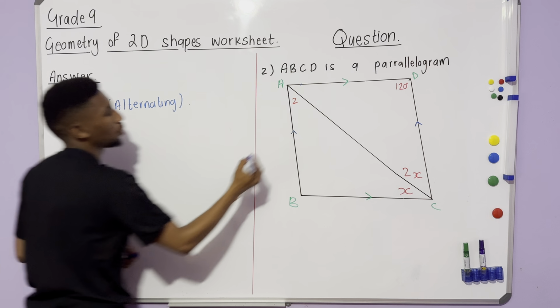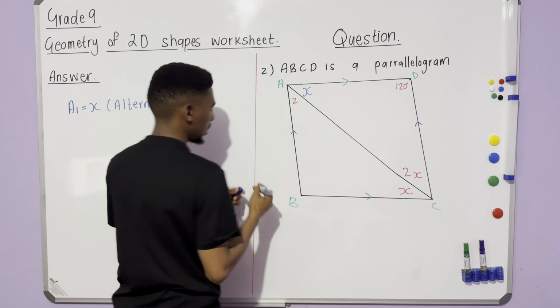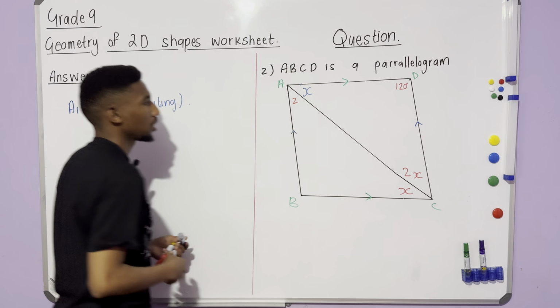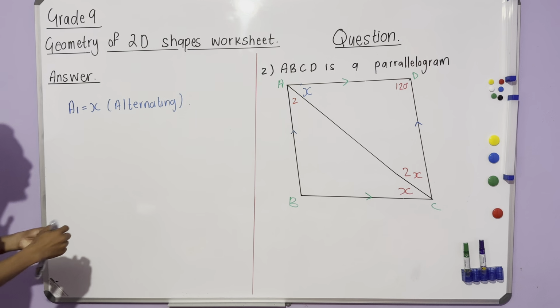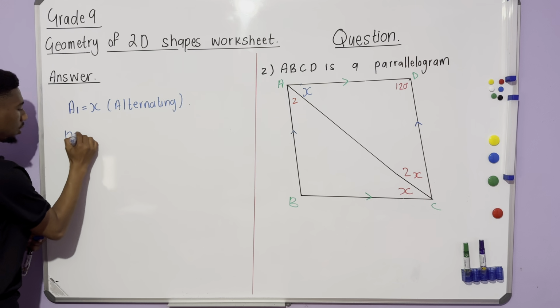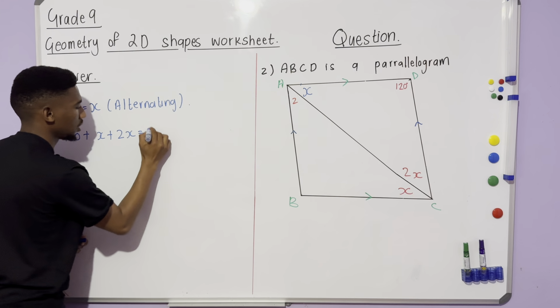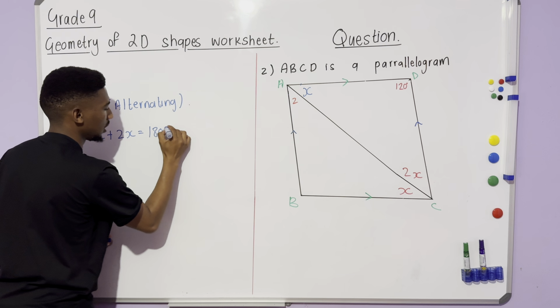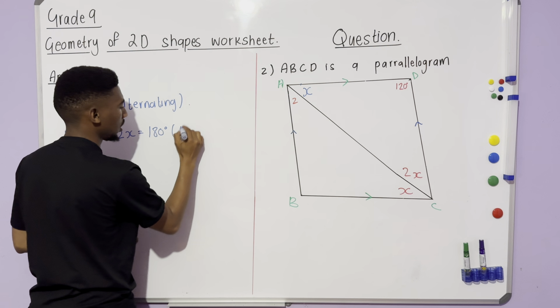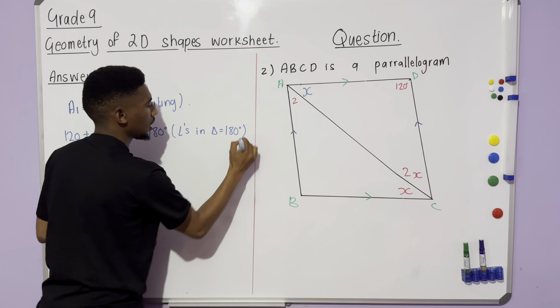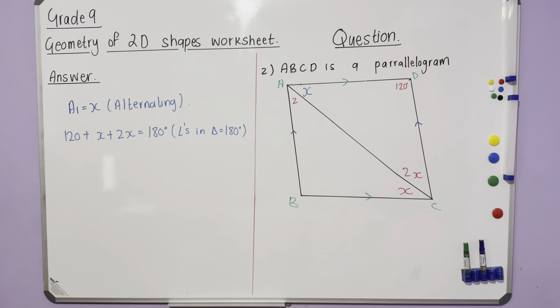Okay, and then once you have that x over there, we look at this triangle and use our triangle properties. We can say that 120 plus x plus 2x is equal to 180 degrees. That's angles in a triangle equal to 180 degrees property.